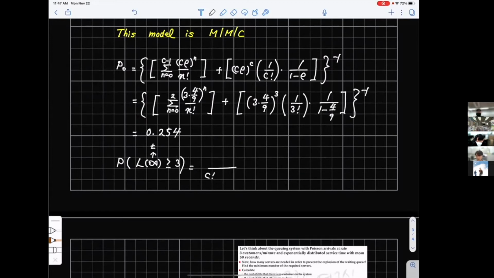The original formula is like this. Here P0 is coming from here. And when you calculate this form, it becomes 181.